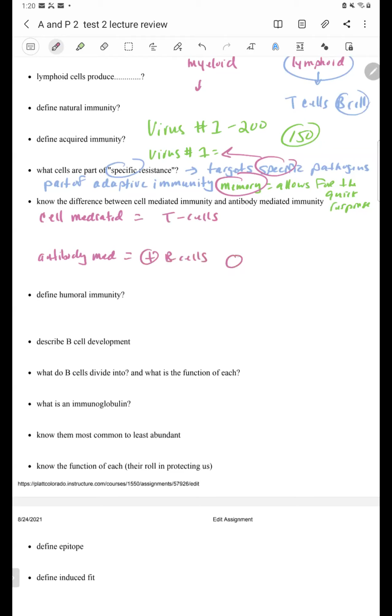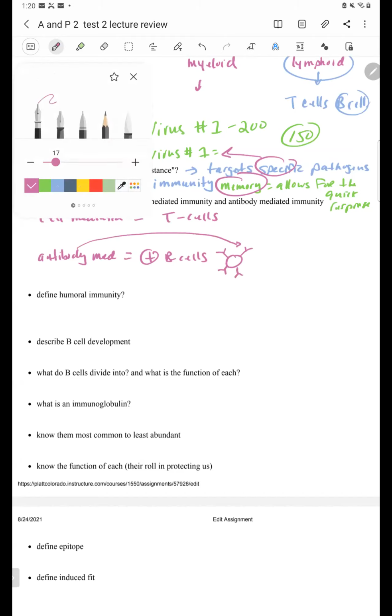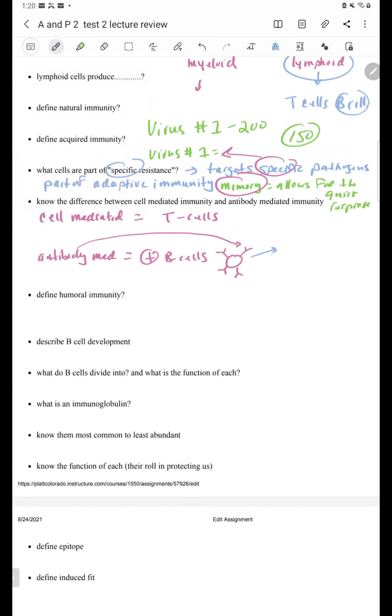The B cells have these things on them called antibodies, and then they release them. They release them to go after the antigen. So if that is the antigen, then the antibodies are going to surround it and eventually destroy it.